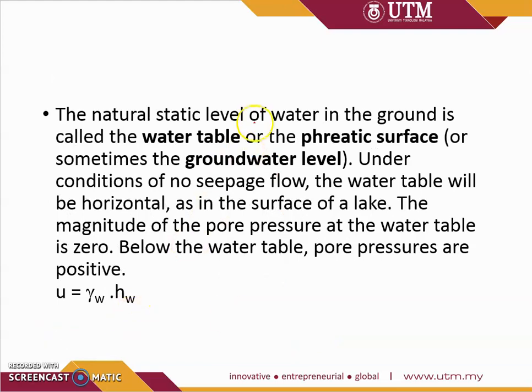Okay, as you already learned in the introduction last time, the natural static water level in the ground is called the water table. If you have a surface, so this is the ground.